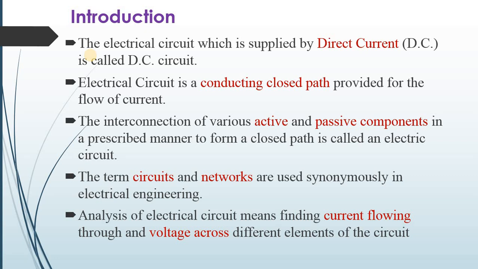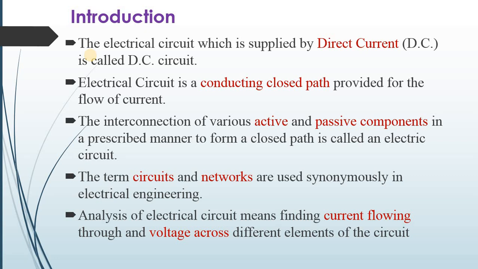The terms circuit and network are similar, that means you can use circuits or networks synonymously. Analysis of an electrical circuit means finding the current flowing through or the voltage across the different elements of the circuit. This analysis can be done in different ways.